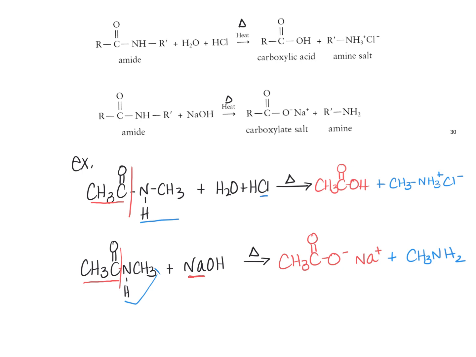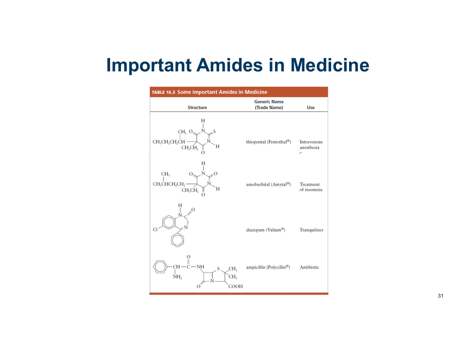So one of the things that we need to think about when we talk about amides is that many amides play really important roles in medicine. And so you can see these different compounds here which have amide functional groups. If we were to highlight, this would be an example of an amide functional group.